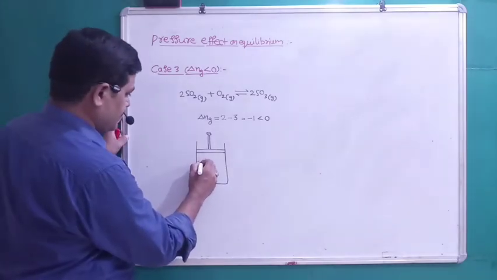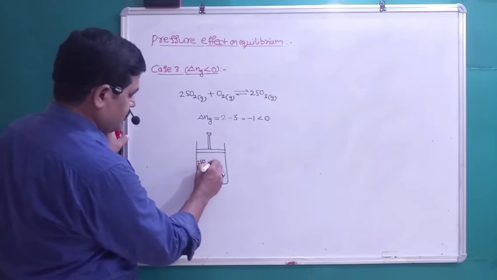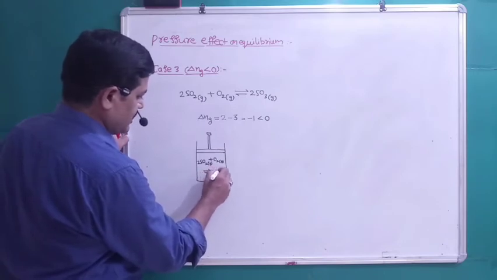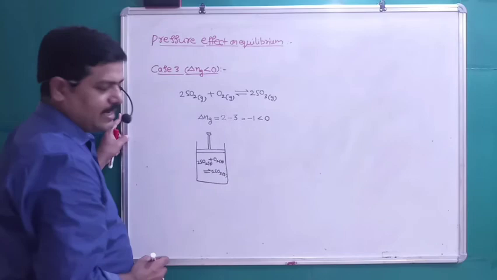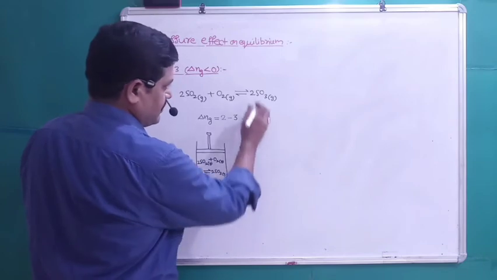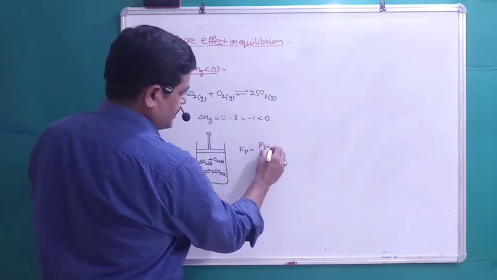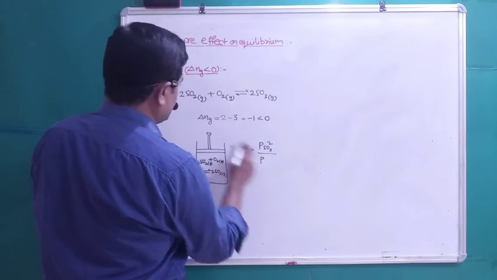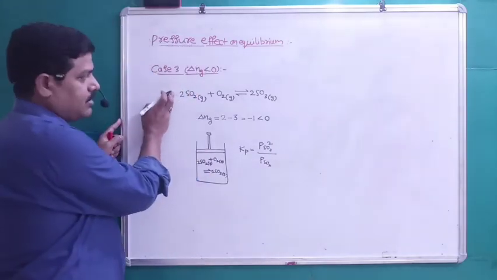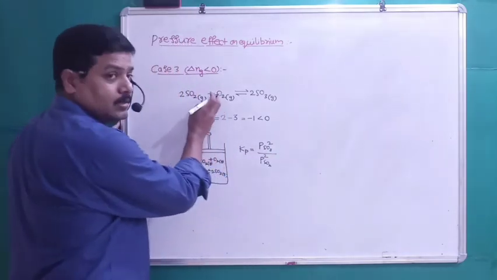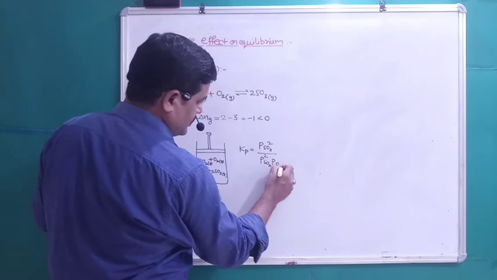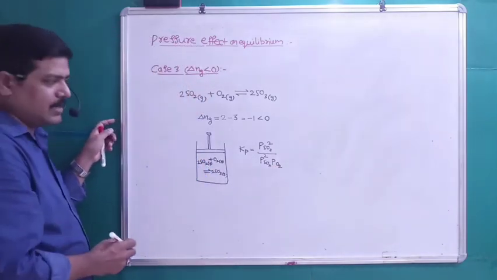So the reacting system, 2SO2 gas plus O2 gas gives rise to 2SO3 gas, is already in equilibrium. The equilibrium constant expression Kp is equal to the partial pressure of SO3 squared by the partial pressure of SO2 squared, raised to its stoichiometric coefficient 2, multiplied by the partial pressure of O2. This expression will give us the equilibrium constant Kp.